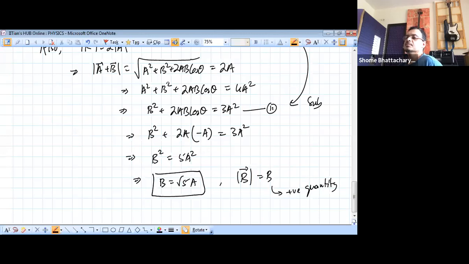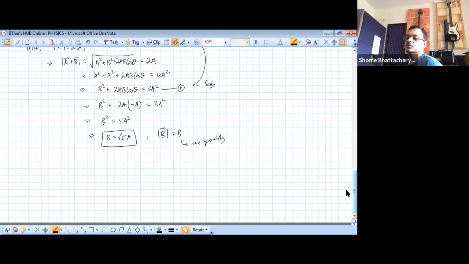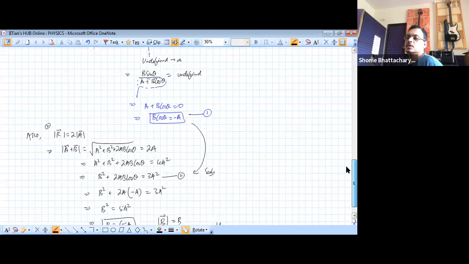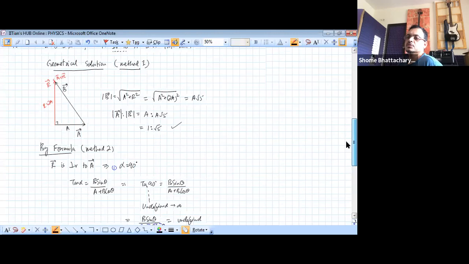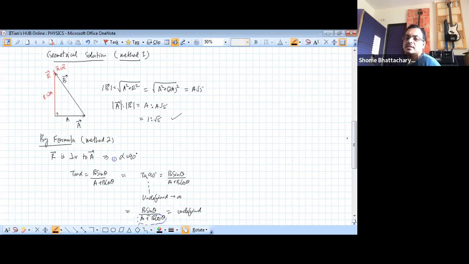So this is the second method, the formula-based method or the algebraic method. The first was the geometrical method. So I'll just leave you to compare both the methods once. Go through the first method, then again the second method. So finish this, then we come to question number 11.